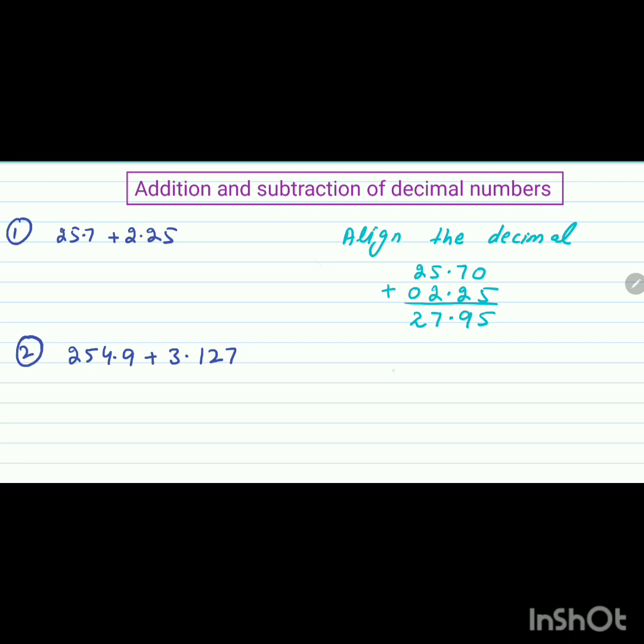How will you write 254.9, and how will you write 3.127 under that? Decimal should be under decimal, you have to keep it in your mind. 3.127 should be here. So how will you fill the empty spaces? By putting zeros like that.